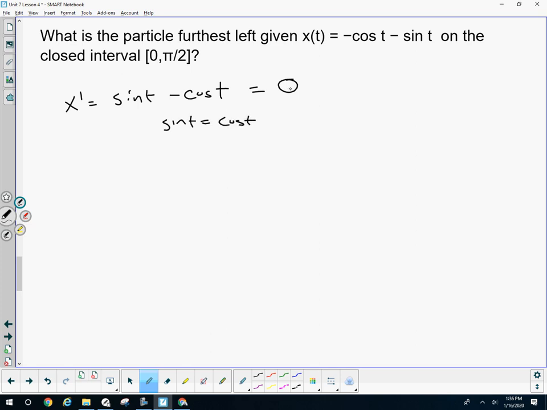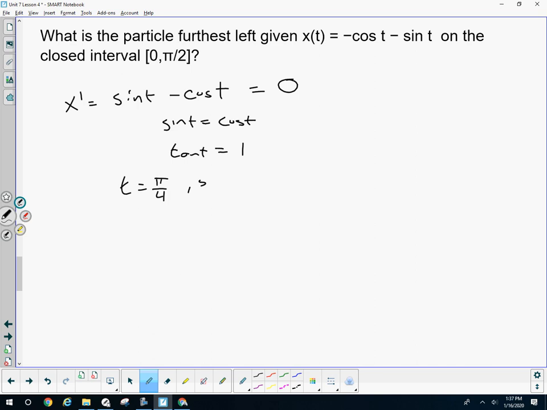You can move it over, divide, so that you end up with a tangent equal to 1. Or you could say, I need my sine value and my cosine value to be equal to each other, so that when I subtract them, I get 0. When does that occur? Pi over 4, as well as 5 pi over 4.